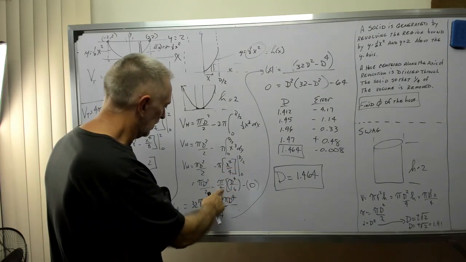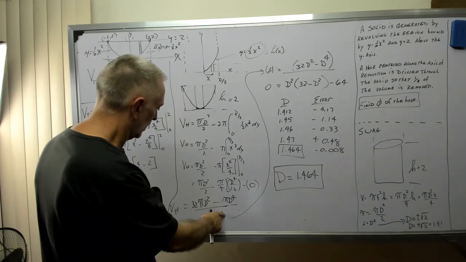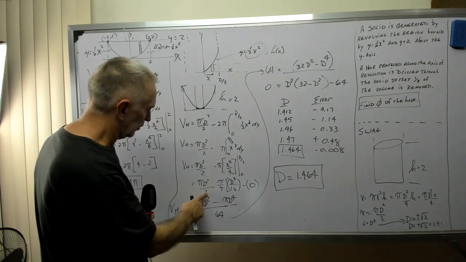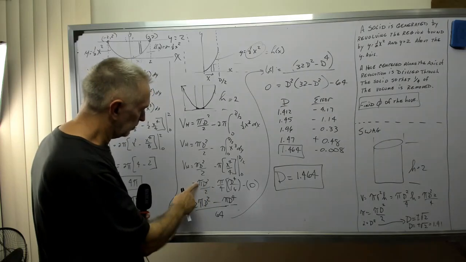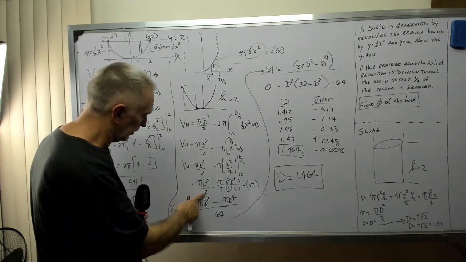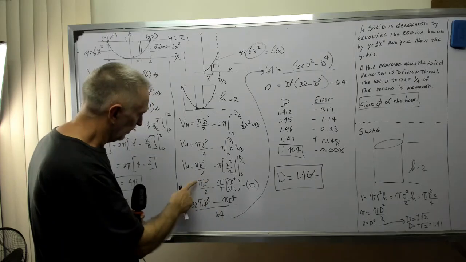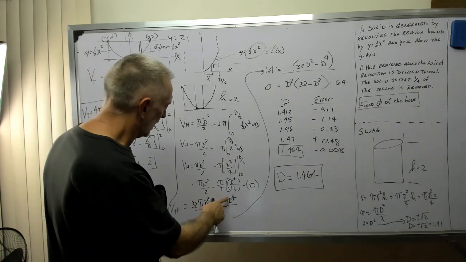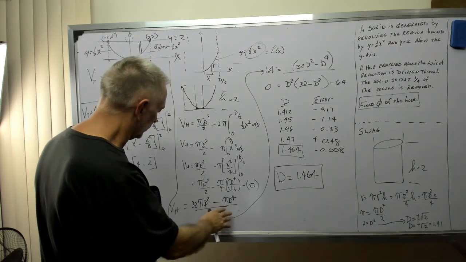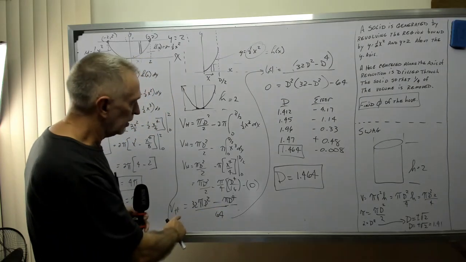Now 16 times 4 is 64. I need to get a common denominator. 2 will go into 64 32 times, so I multiply this by 32 over 32. 32 times 2 is 64. So I have 32 pi d squared minus pi d to the 4th over 64. That's the volume of the hole.